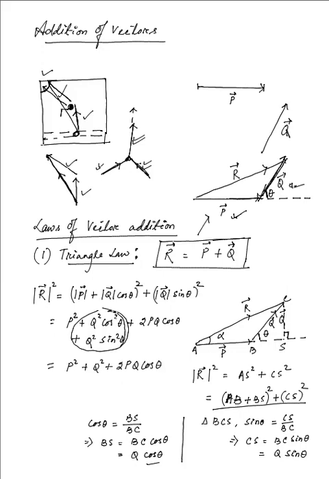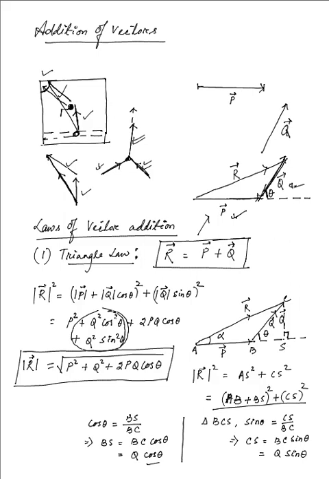This is the value of R mod squared. So the value of just R mod is the complete root of this entire term. So R is equal to P squared plus Q squared plus 2PQ cos theta, all under root.